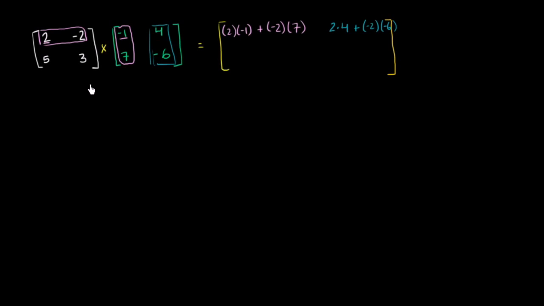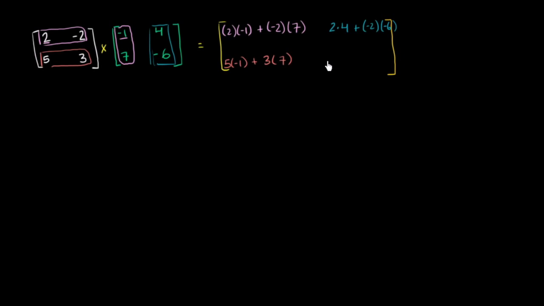So I'm assuming you've given it a go. Now let's just power through it together. Sometimes matrix multiplication can get a little bit intense. We're now in the second row, so we're going to use the second row of this first matrix. For this entry, second row, first column: 5 times -1 plus 3 times 7. And then finally, we're in the home stretch now.